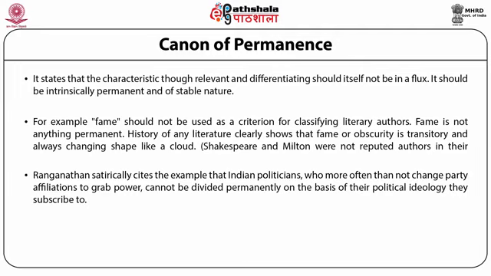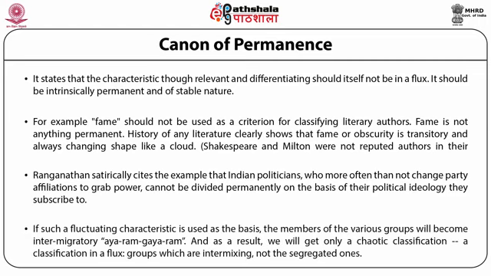Raghunathan satirically cites the example of Indian politicians who more often than not change party affiliations to grab power. They cannot be divided permanently on the basis of the political ideology they subscribe to. Sometimes they go to this group, sometimes they go to another political party. So such persons cannot be absolutely divided.